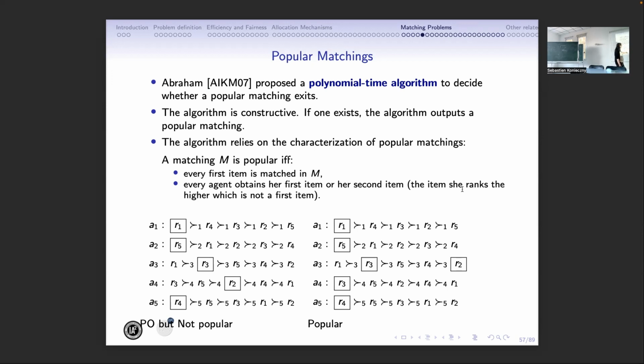And in this case, here you have to change so that A3 obtains R2, not R3.